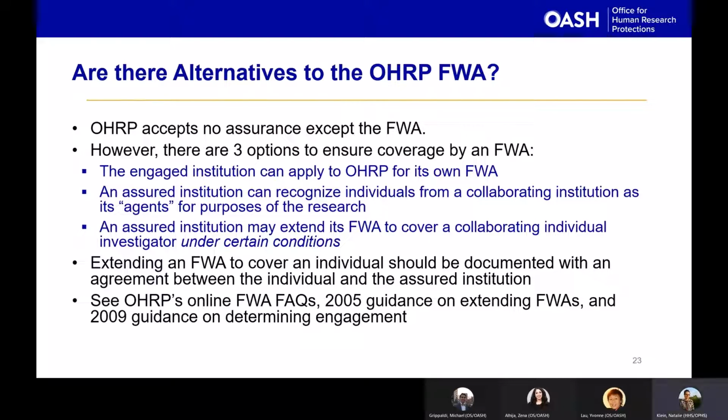An example might be students performing research at a hospital with an FWA. Finally, the FWA holding institution can, in some specific circumstances, agree to extend its FWA to individual investigators who are not their employees or agents. A detailed discussion about this is outside of the scope of this particular tutorial, but our online resources include more information and guidance.